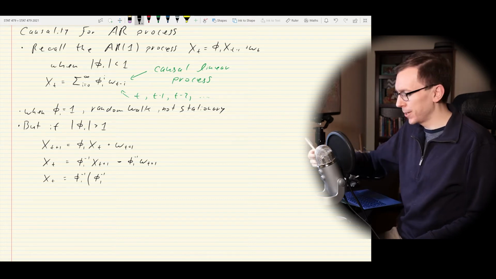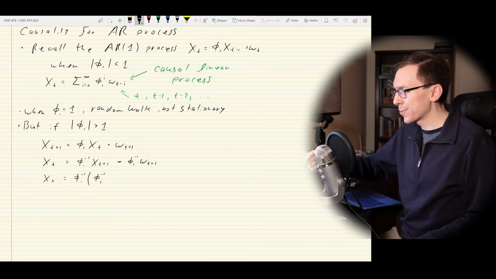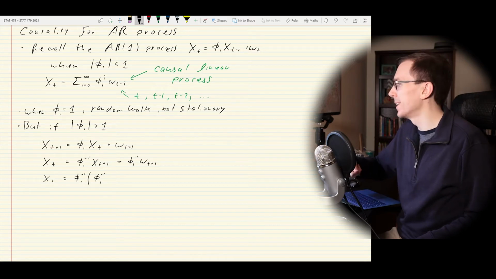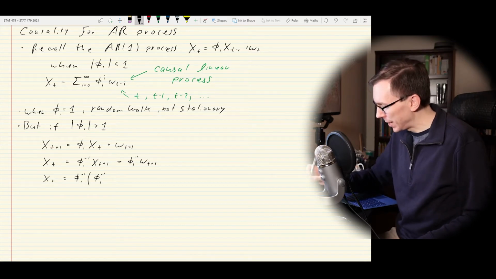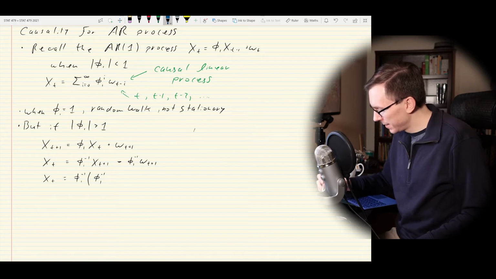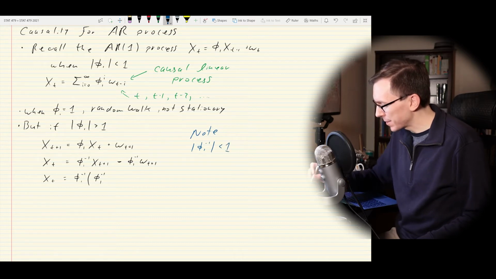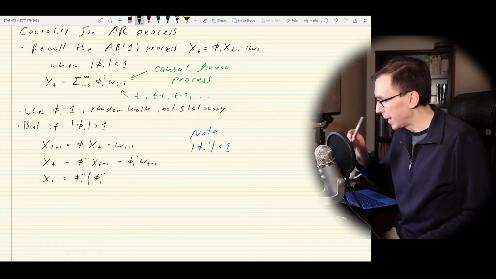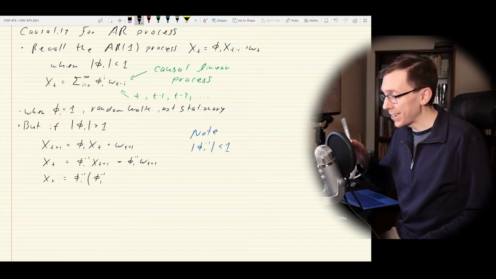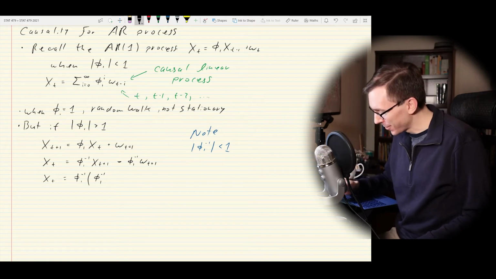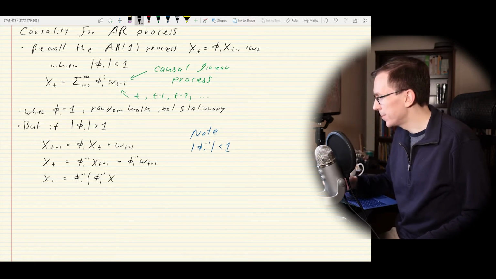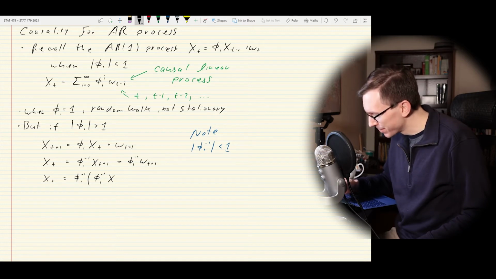Therefore, its reciprocal, phi 1 to the minus 1, is less than 1 in magnitude. So note, phi 1 inverse is less than 1 in absolute value, which is good because it means our infinite series is going to converge in a probabilistic sense.